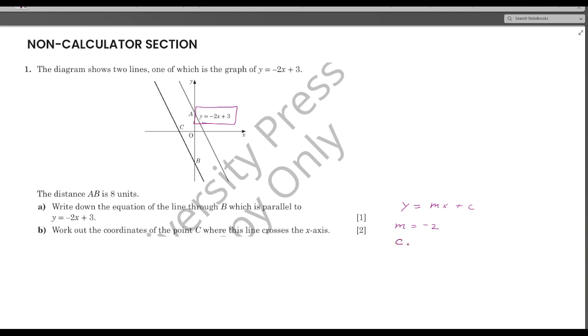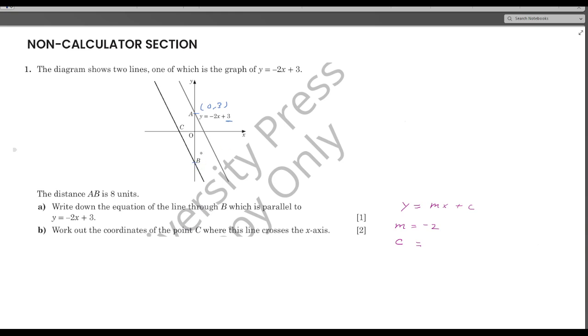And the value of c here, c is your y-intercept, meaning where your line cuts the y-axis. Now let us see. This given line cuts the y-axis at 3. 0 comma 3 is the point here. Now the distance AB is 8 units.